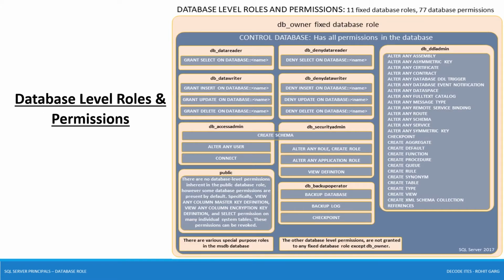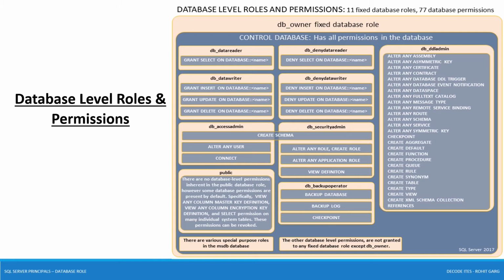Database level roles and permissions. We just finished the discussion of 9 fixed database roles available in Microsoft SQL Server. Microsoft gives this image to show what permissions each role has. Data reader has grant on database, data writer has insert, update, delete, DB access admin has alter any user and connect, public role, DB deny data reader denies everything on database, deny data writer denies insert, update and delete.